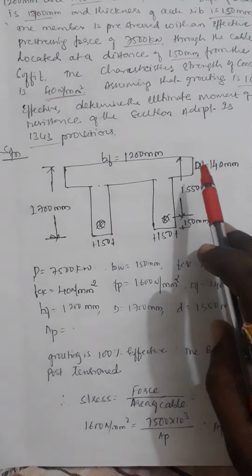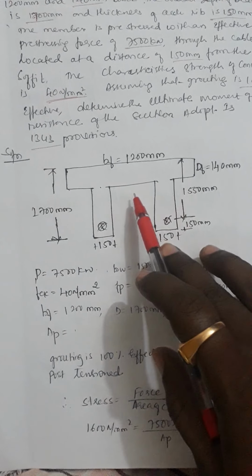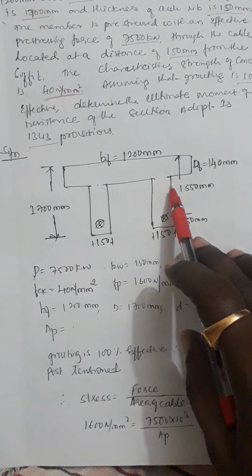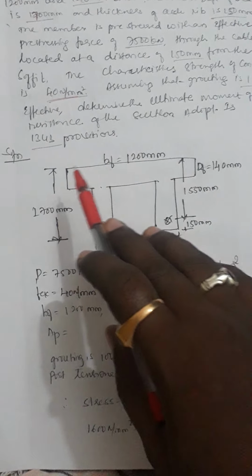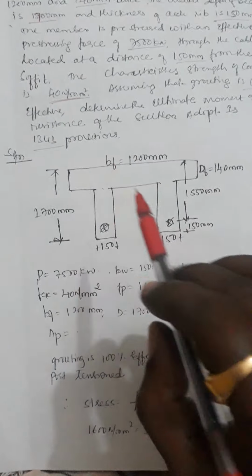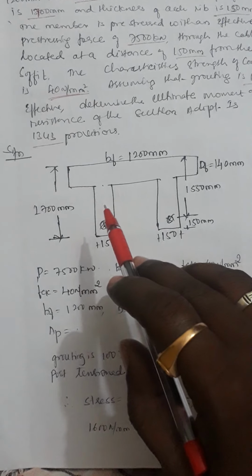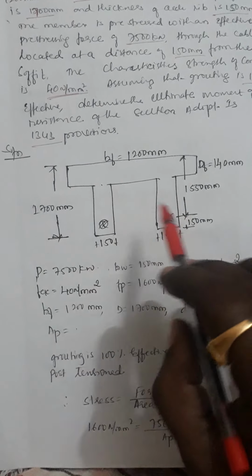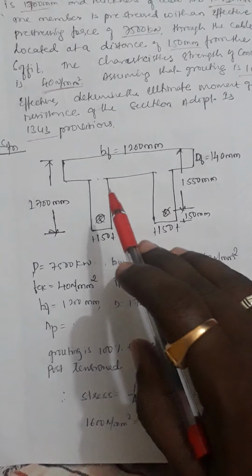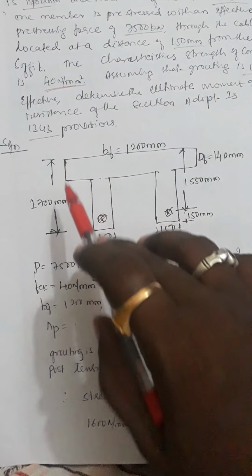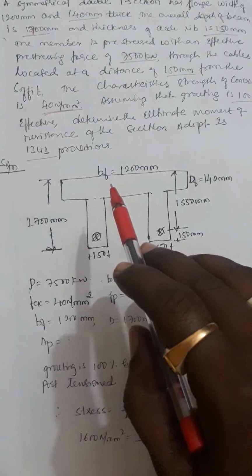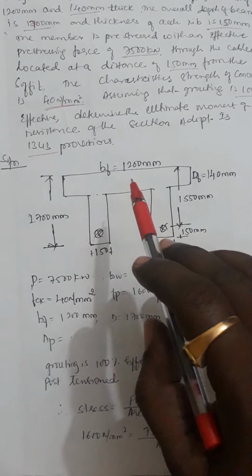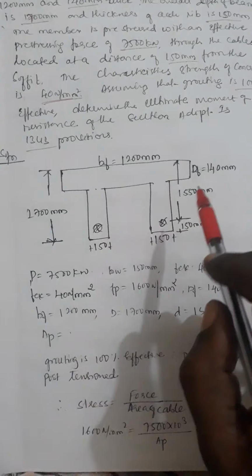So it is a double T section, a single beam on two columns. Overall depth is 1700 mm. Then breadth of the beam is 1200 mm.